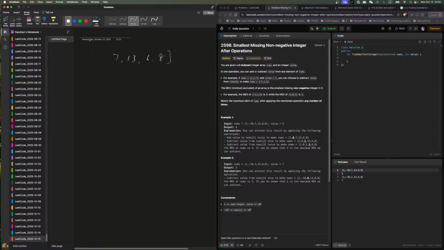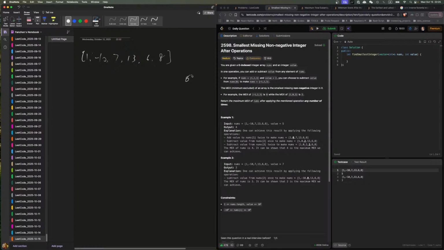So the value is positive. Okay, so you can add or subtract. So basically, we want to see if it is possible to get 0, to get 1, get 2, get 3, get 4, get 5, right? So the maximum is 0, 1, 2, 3, 4, 5. It'll be 6, right?